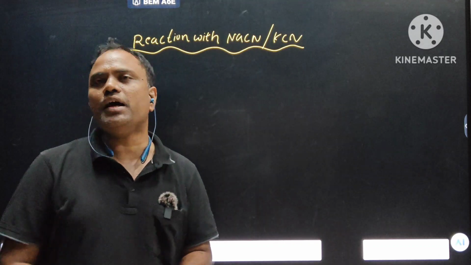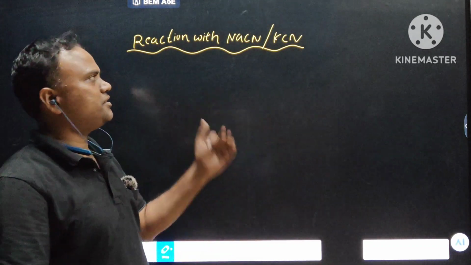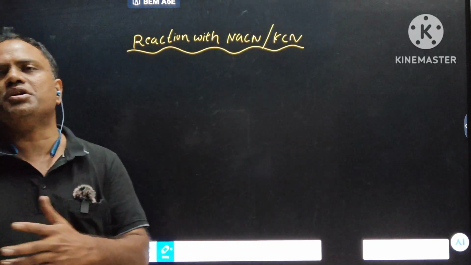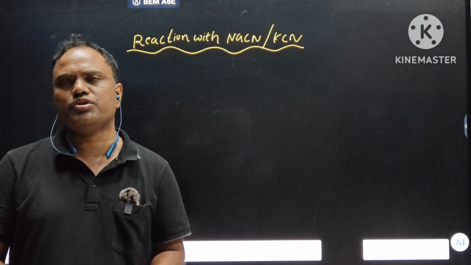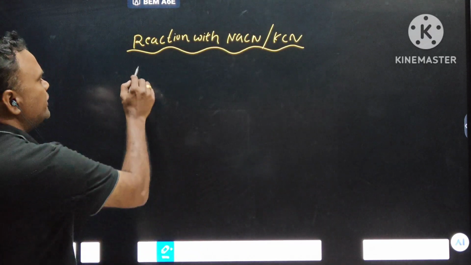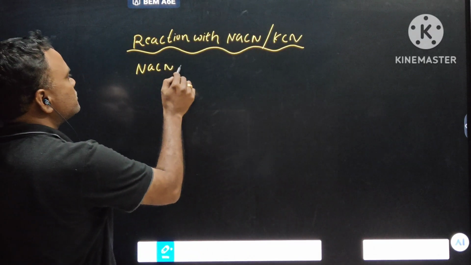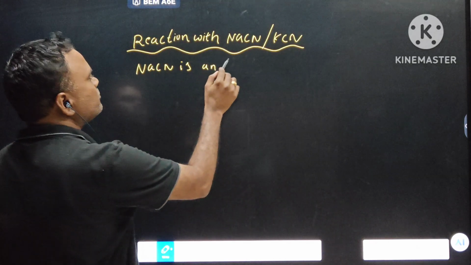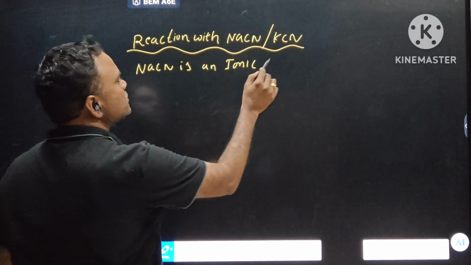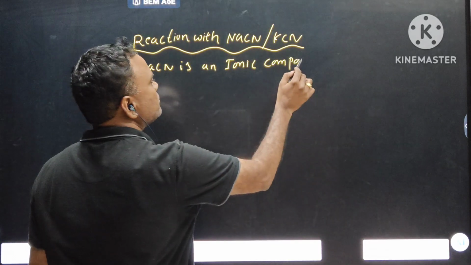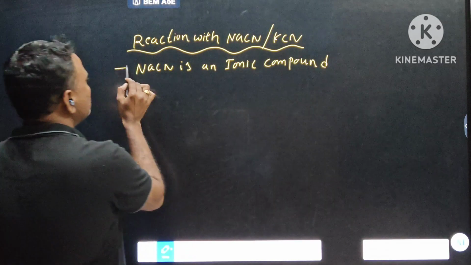See, NaCN is an ionic compound. Very, very important. NaCN, KCN are ionic compounds and undergo dissociation into ions. So I am writing that point. NaCN is an ionic compound. It undergoes dissociation.